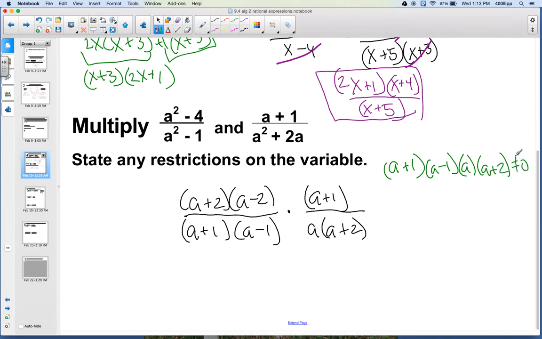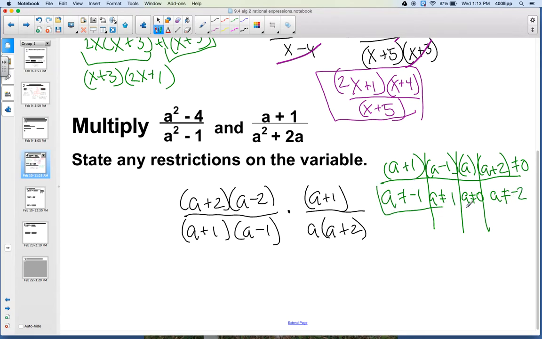These cannot be 0, so this is finding the restrictions. We set each one not equal to 0. So a cannot be negative 1, a cannot be 1, a cannot be 0, and a cannot be negative 2. So these are all of your restrictions. You can leave it just like that for your restrictions.